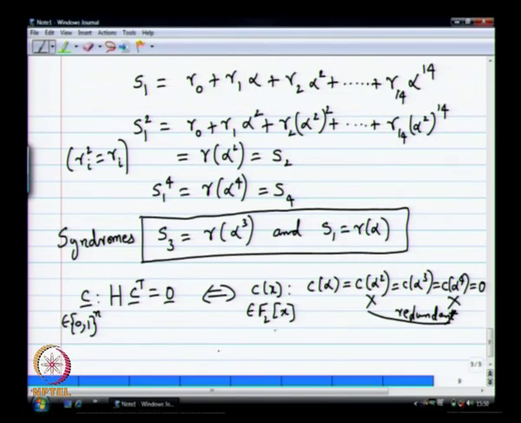So in fact you can change this definition and say it is equivalent to C of x in F2[x], of course with a degree constraint that I have not written down, such that C of alpha equals C of alpha power 3 equals 0. So only the two syndromes are really meaningful, R of alpha and R of alpha power 3. The others are not anything new.